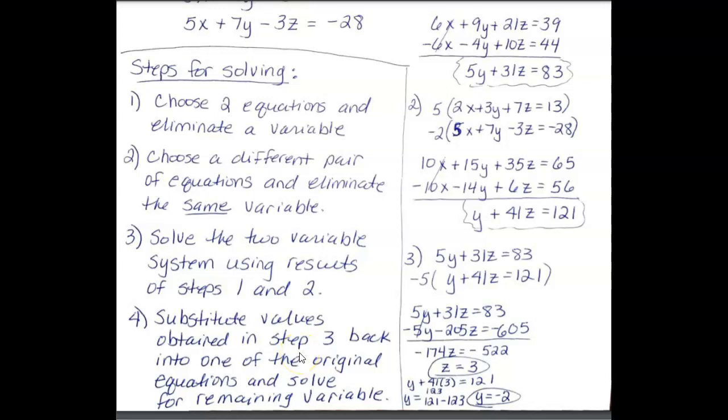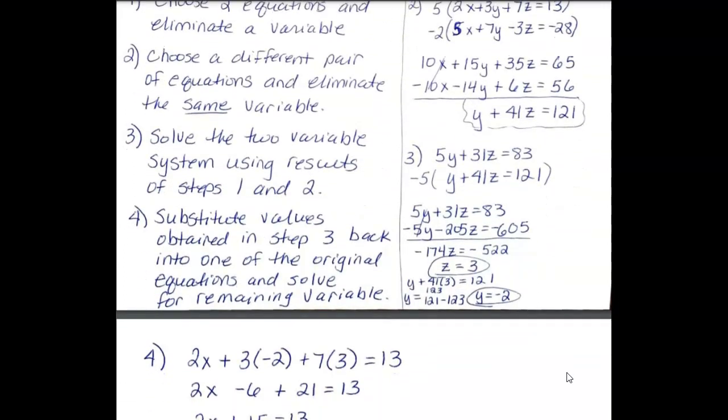Now step 4 says, substitute the values obtained in step 3, the values I got for the 2 variables here, back into one of the originals and solve for the remaining variable. So the remaining variable that I don't know yet is x. So if I go back to my first equation, 2x plus 3 times y, I'm plugging in my -2 for y, plus 7 times z, we're plugging in 3 for z, equals 13.